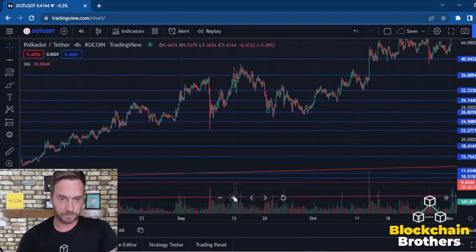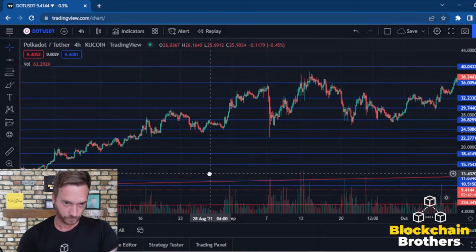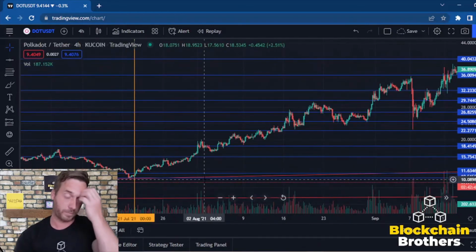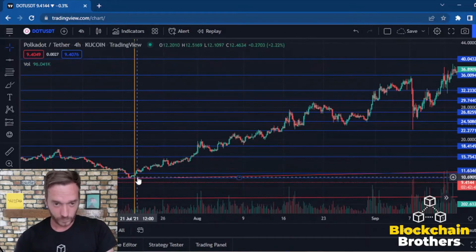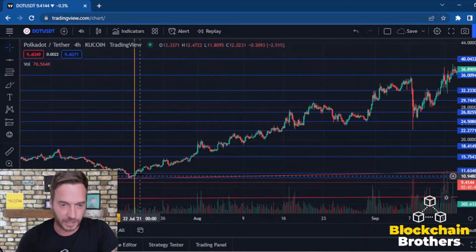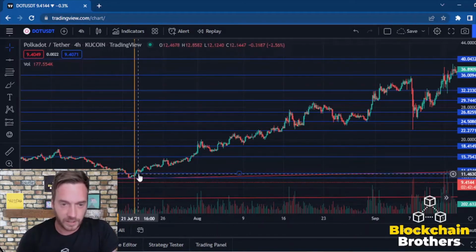So let's zoom back in. So all of those supports will become the future's resistance, and here we go. So we start from here.